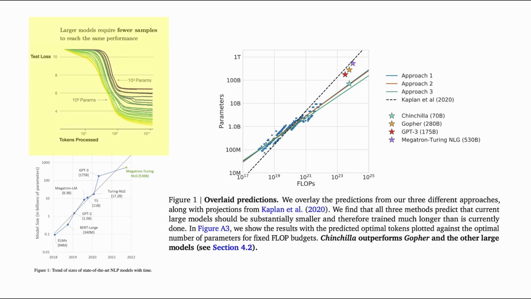There's an interesting observation that the larger models require fewer samples of training data to reach the same performance. So a lot of companies have been adding more and more parameters to make their models bigger and essentially better without doing any additional engineering work.